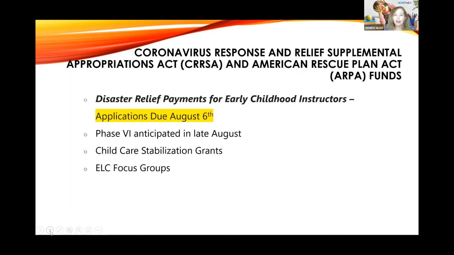If you have not gotten an invitation for this, please let me know. Or you can reach out specifically. Oh, Kalisa just shared the file. There is a hotline number and there is an email address that you can email to make sure that you get your invitation by the 6th.